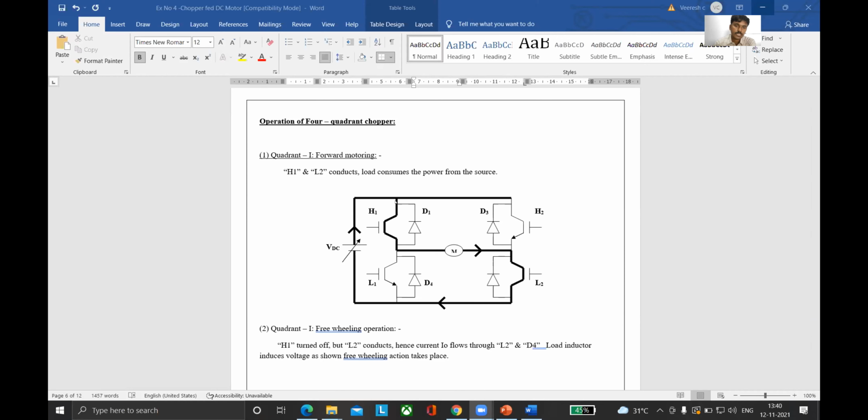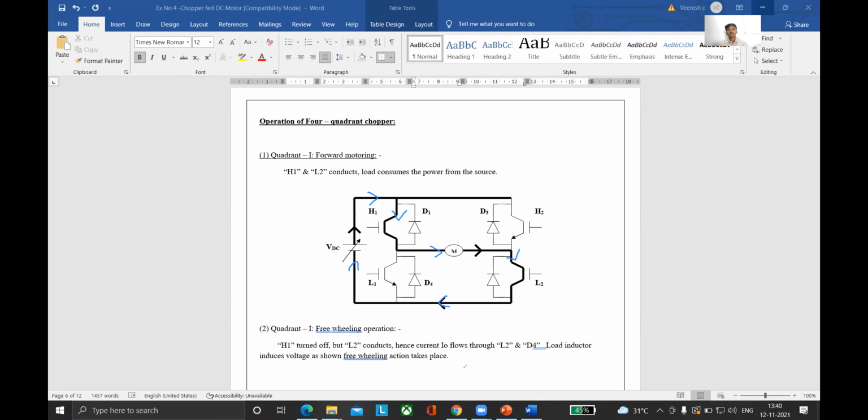In the first case, we are turning on the switches H1 and L2. So how is the current flowing?